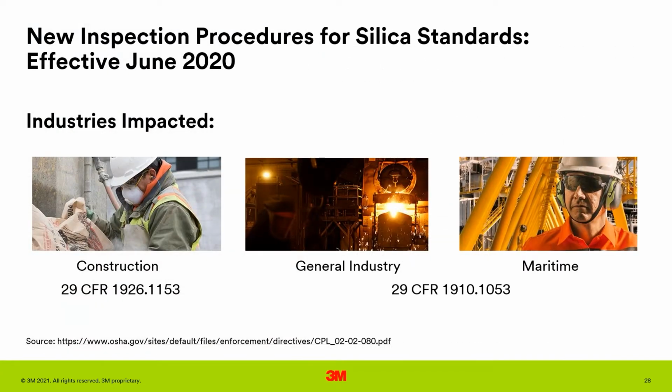Another thing to note: in the middle of last year, despite the pandemic, OSHA came out with new inspection procedures for the silica standards, effective in June 2020. Within them, there were a lot of additional instructions around construction and ways to avoid silica citations.